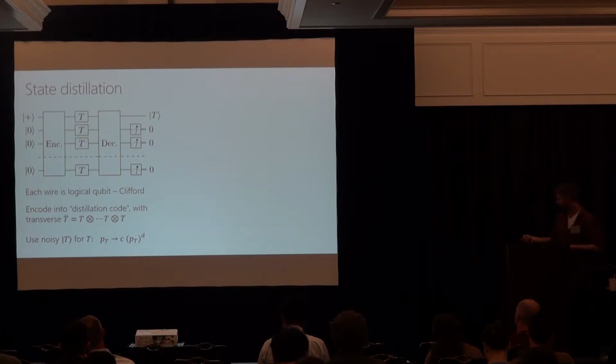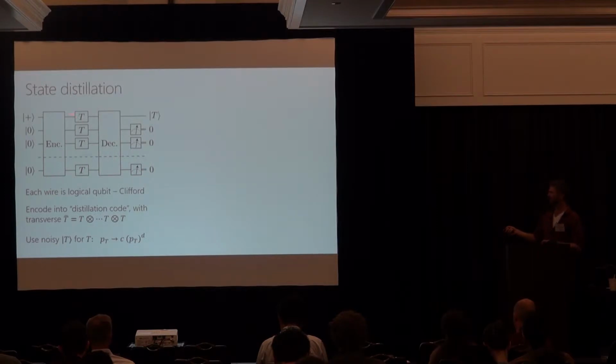picture here. And in this other code, the T gate should be transverse. And if the T gate is transverse, then we can apply each of these T's by using our resource states, using the circuit that I showed in the previous picture.